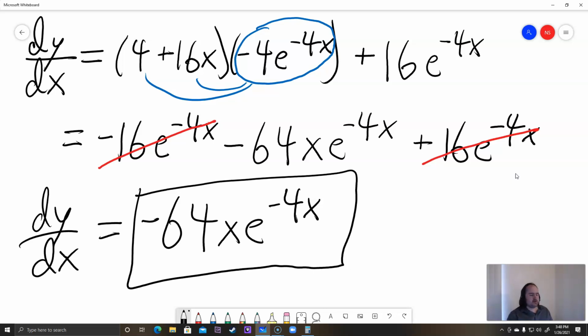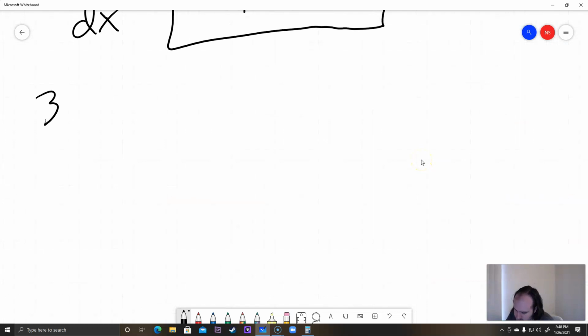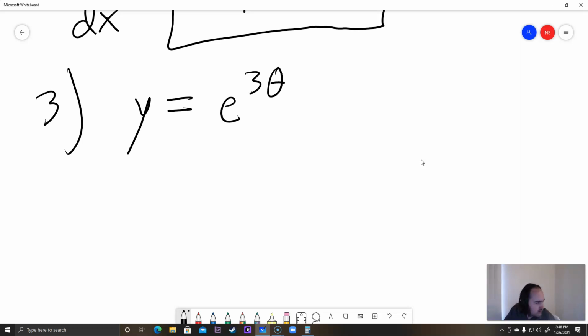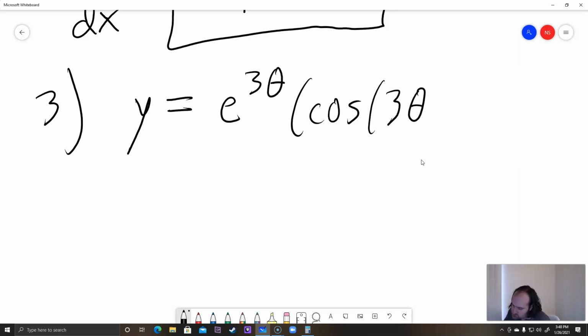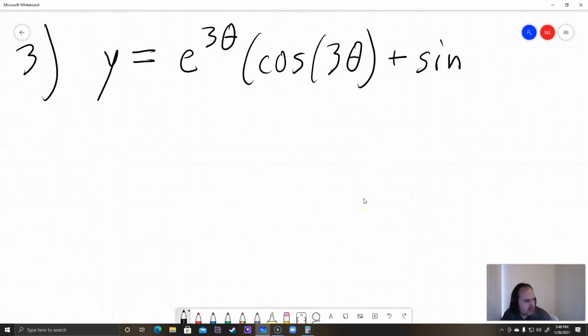And then I wanted to do an example that has trig functions, just in case you don't remember how to take the derivative of trig functions from calculus 1. So for example number 3, we're going to be doing the derivative of y equals e to the 3 theta times a quantity cosine of 3 theta plus sine of 3 theta.